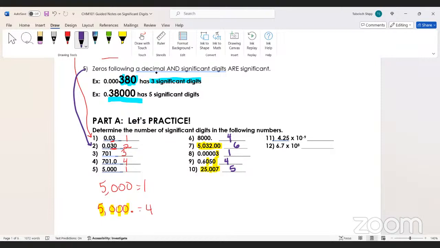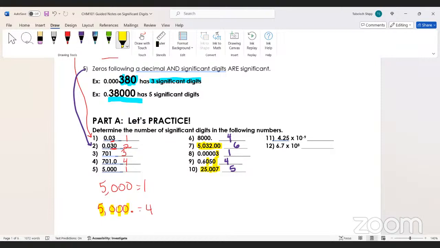Now, let's take a look at number 11. 11, you have a scientific notation value, 4.25 times 10 to the negative ninth power. And same thing with number 12. You have 6.7 times 10 to the eighth power. Well, guess what?